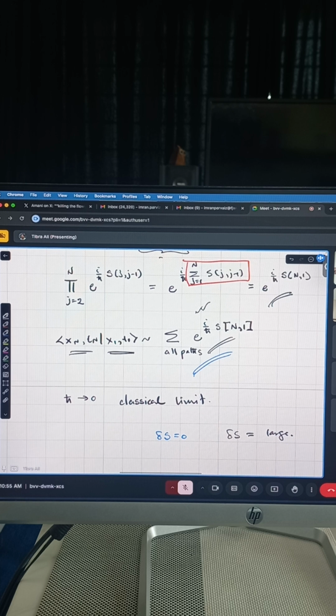So this path integral thing passes the first test, that we do get the classical limit that we expected.